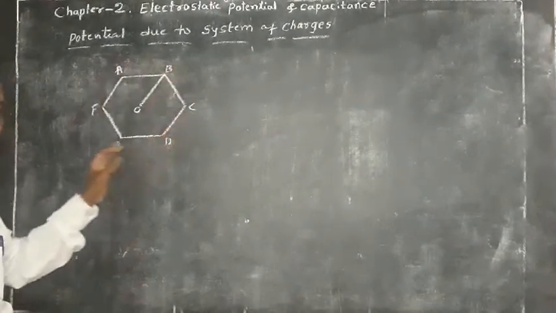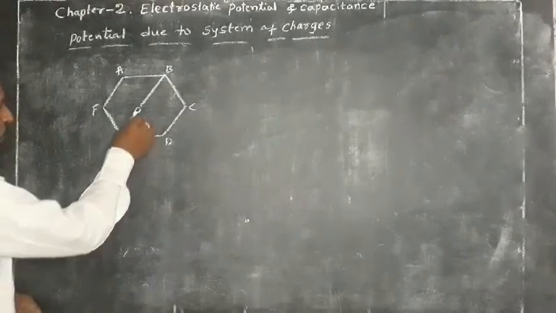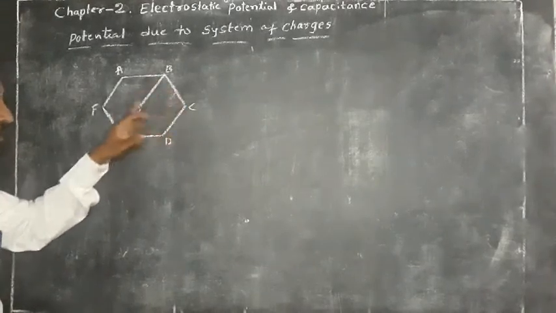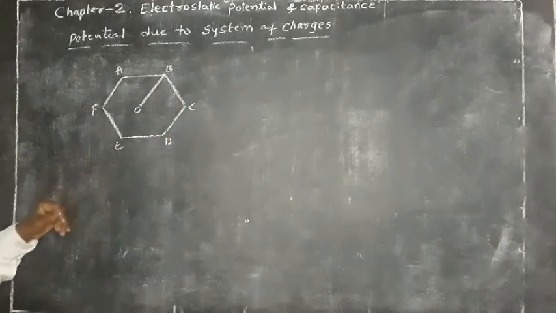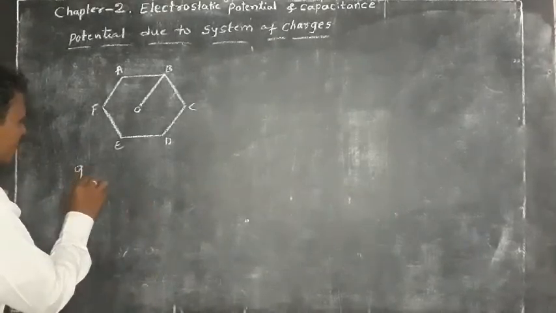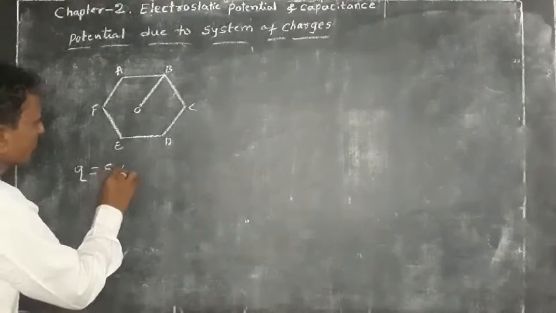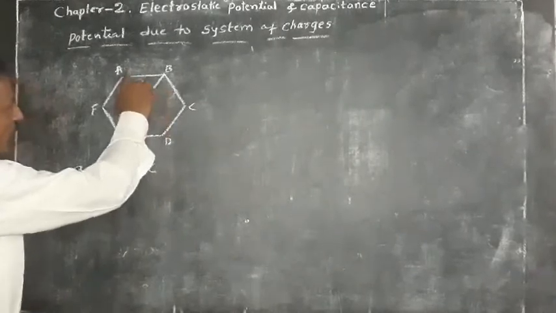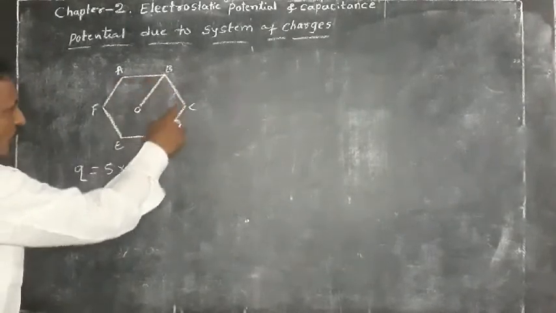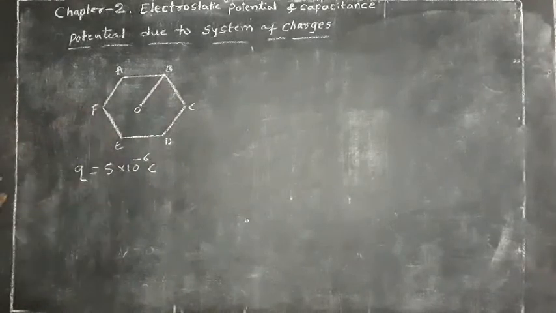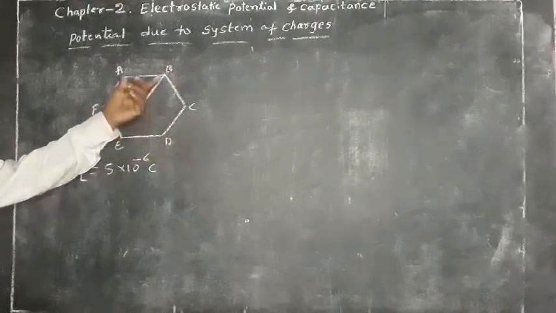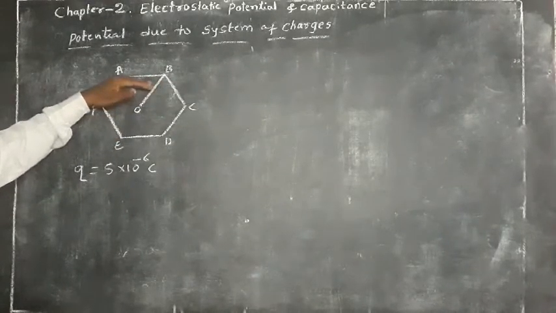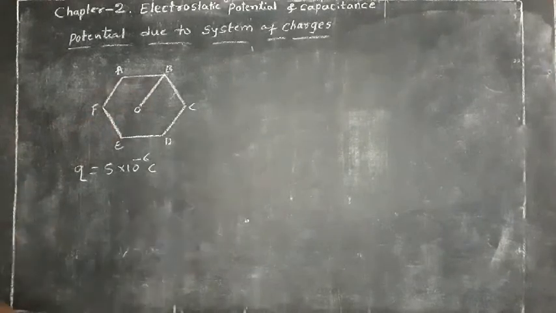Given that Q is the charge and Q equal to 5 microcoulomb, the charge is placed at each vertex, and each side of the hexagon is 10 centimeter.